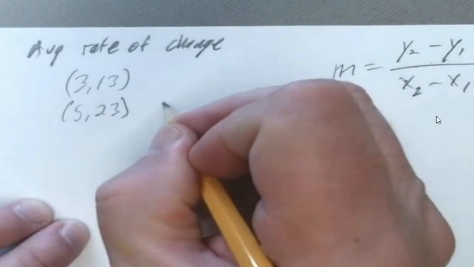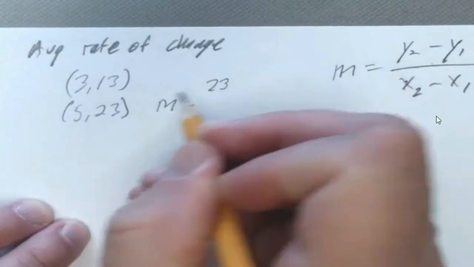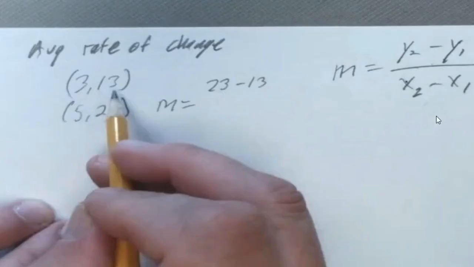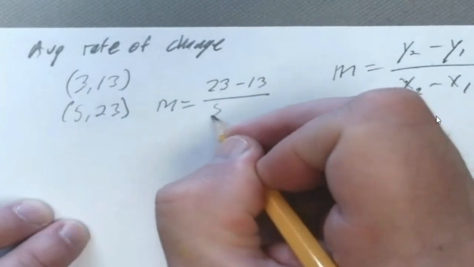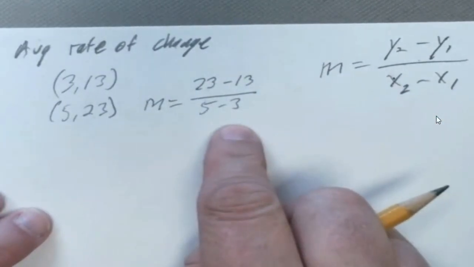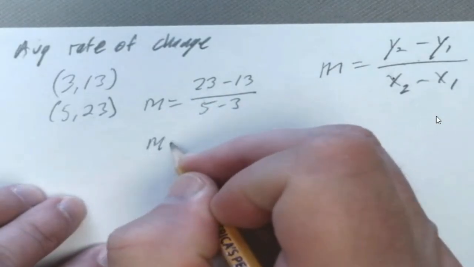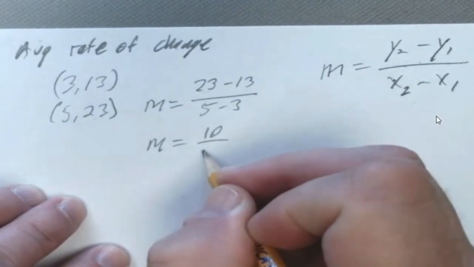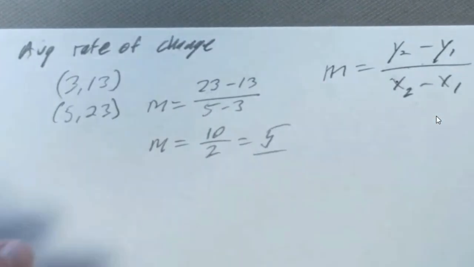So the slope between these 2 points, y2 minus y1, that's the 2 y's, right? That's the x and the y, x and the y. 5 minus 3. I subtract the y's, I subtract the x's. What does that equal? 23 minus 13, 5 minus 3. That's the slope.